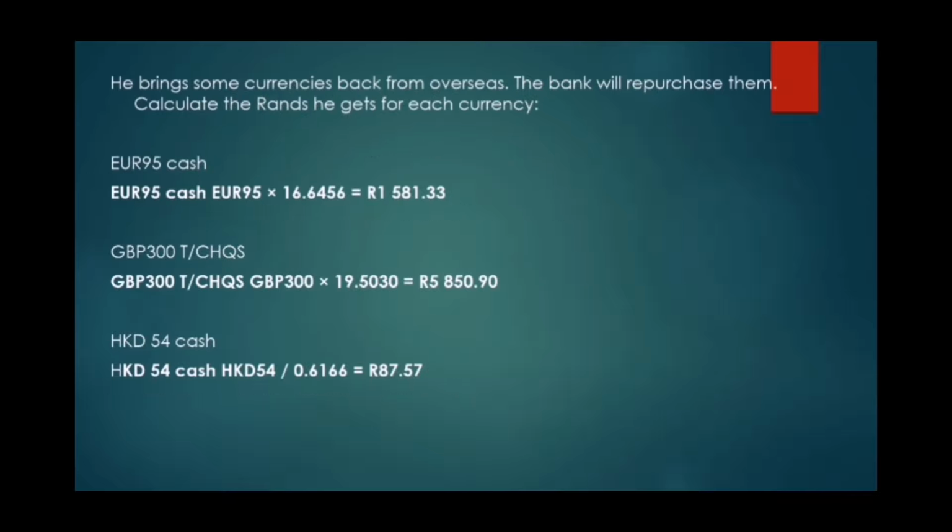Then once you have done this step, the last step is that he goes on his trip and he brings back the currencies from overseas. The bank will then repurchase them, recalculate. Then it says calculate the rands that he gets from each currency. So upon his arrival back into the country, he is left with 95 euros in cash.